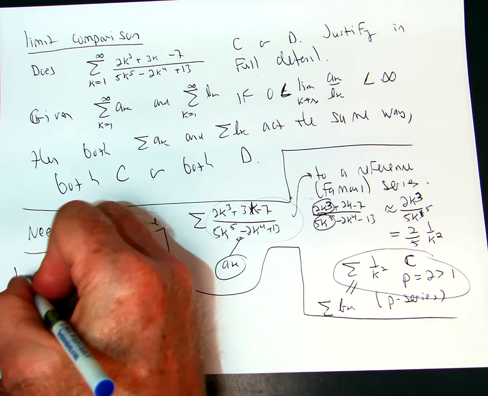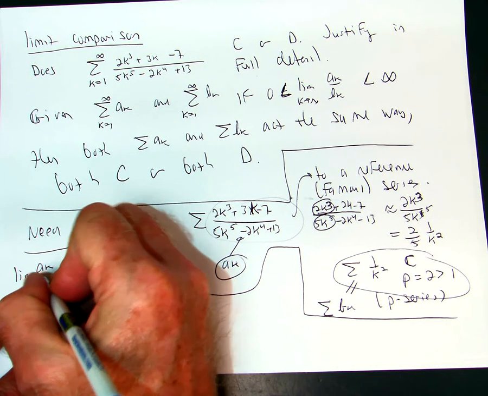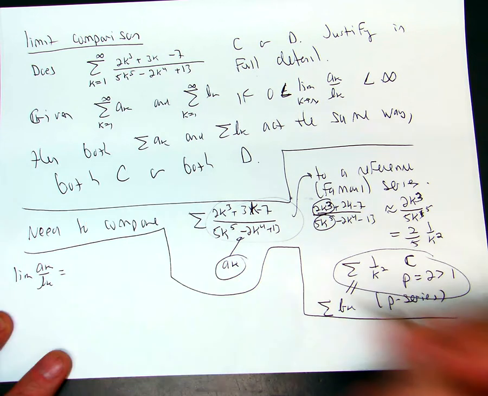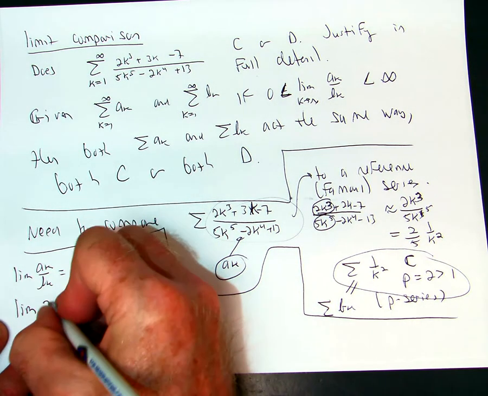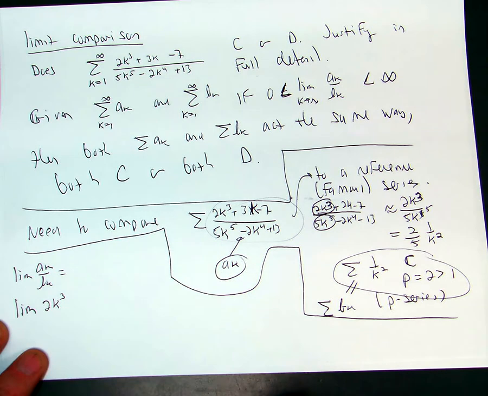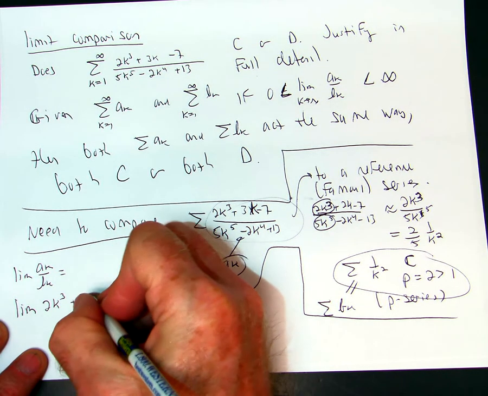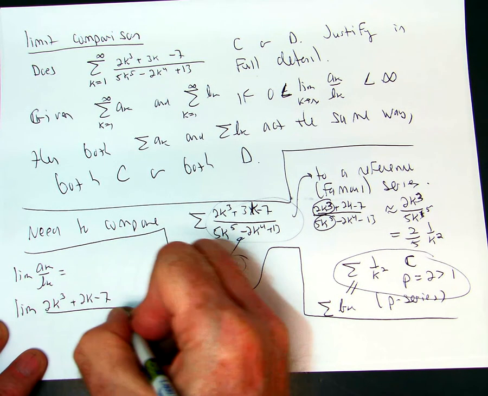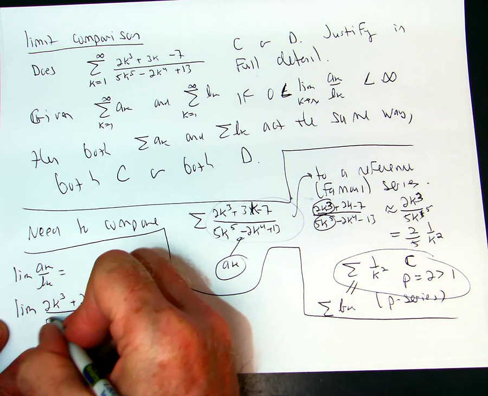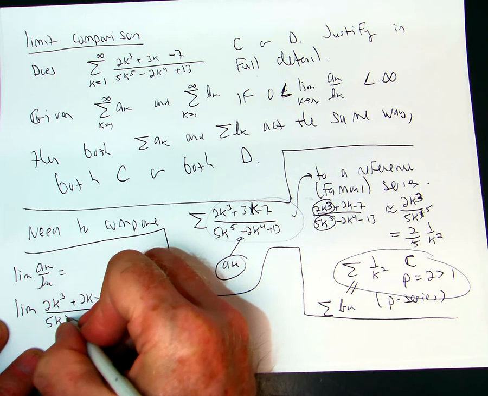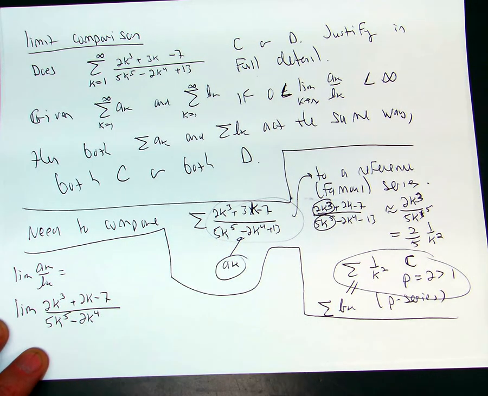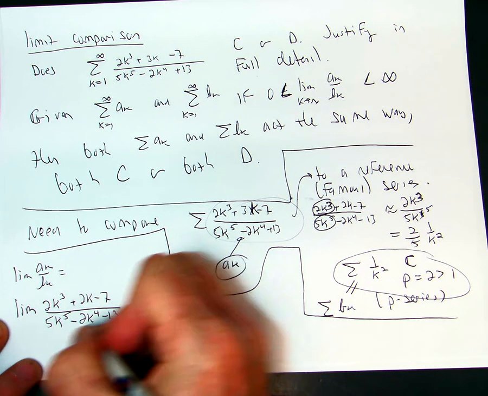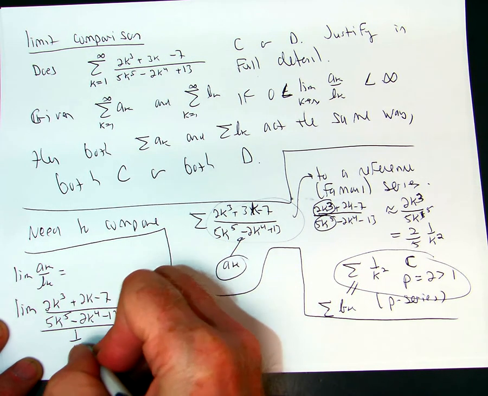So I'm going to take the limit of AK over BK. That's going to be equal to the limit of 2K cubed plus 2K minus 7 all over 5K to the 5th minus 2K to the 4th minus 13, and that's going to be over 1 over K squared.